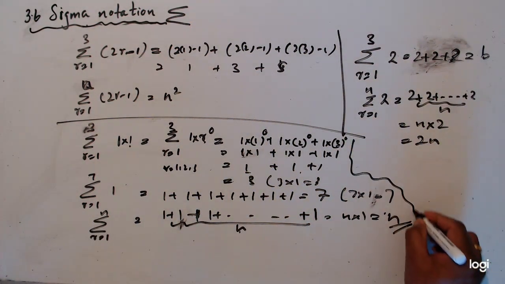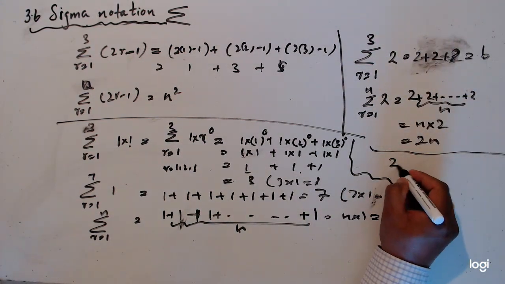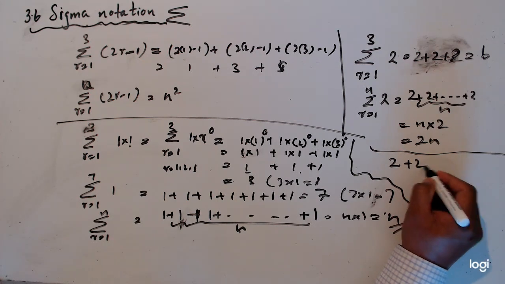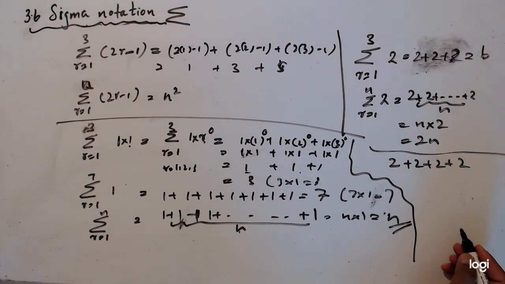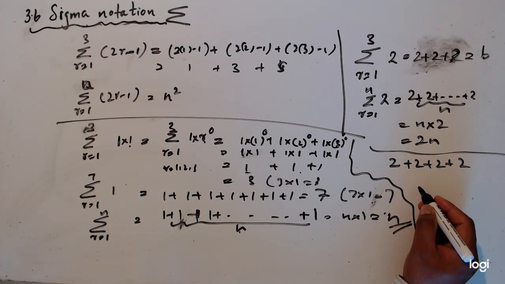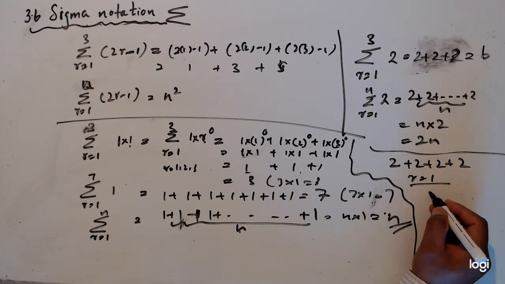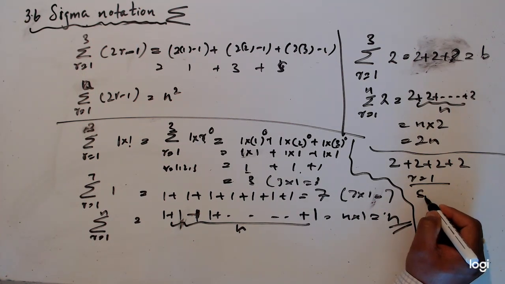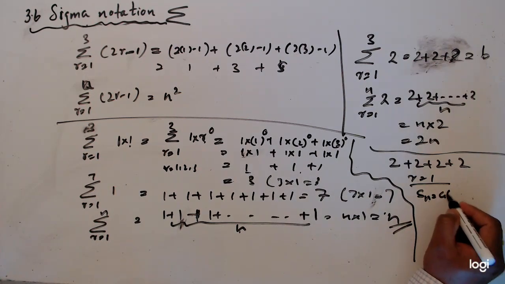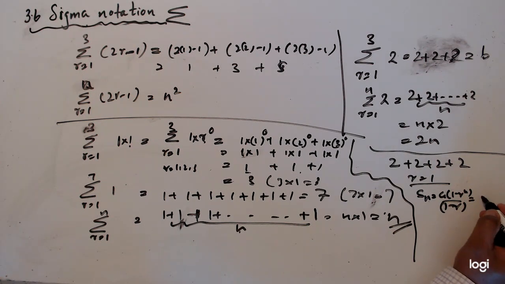Now, what is this series? 2 plus 2 plus 2 plus 2. This series is a geometric series. What is r? r equals 1. We have two formulas to find Sn: a(1 minus r^n) divided by (1 minus r), or the other one, a(r^n minus 1) divided by (r minus 1).